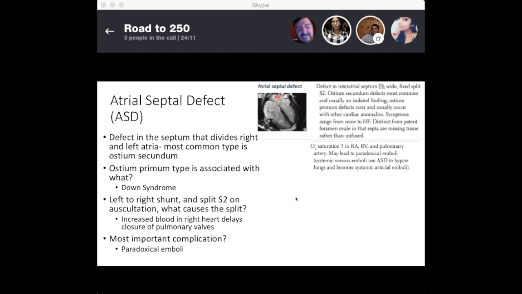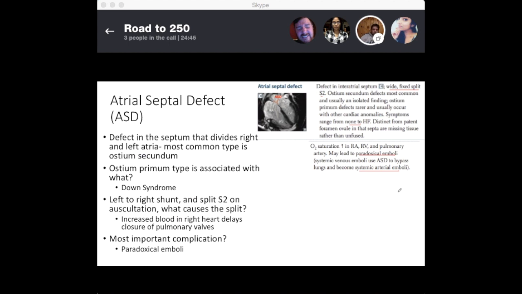So basically, the big key thing that you want to take forward is wide fixed split S2. And we're going to talk about the secundum and ostium primum in a few seconds. And then symptoms, you could see heart failure, and then the emboli from the right side may lead to paradoxical emboli because they bypass the lungs and become systemic arterial emboli.